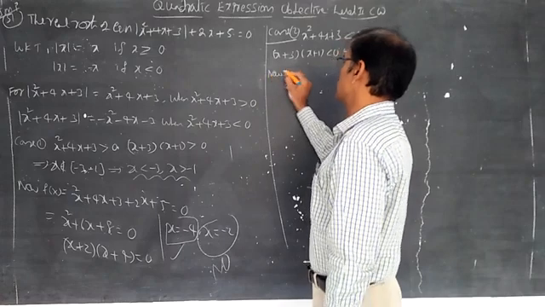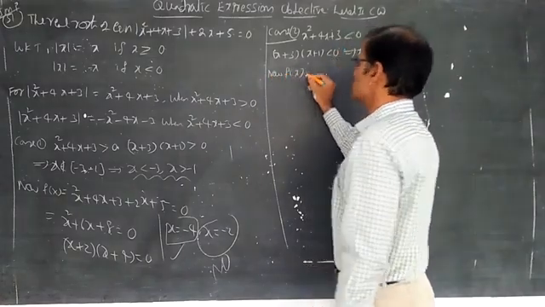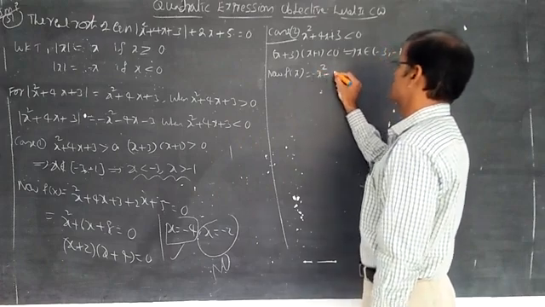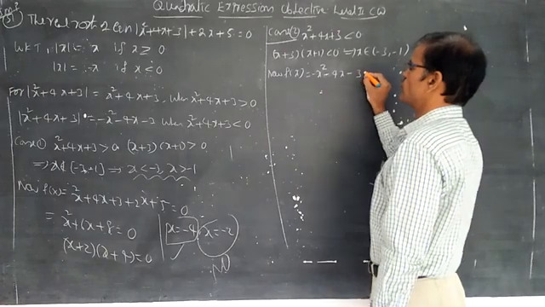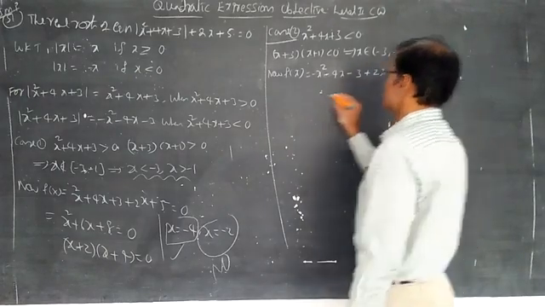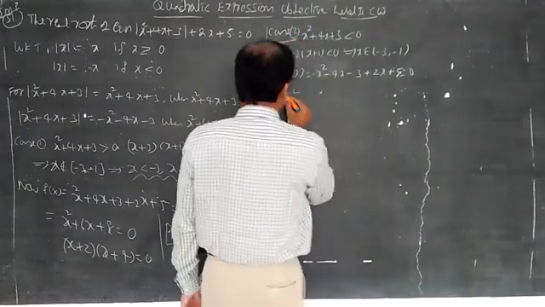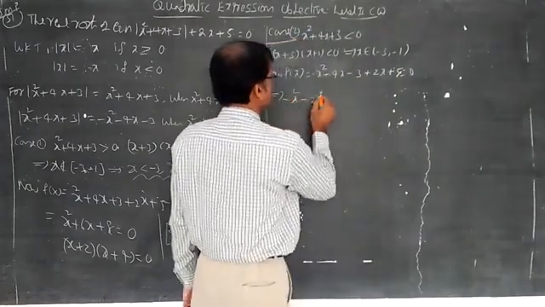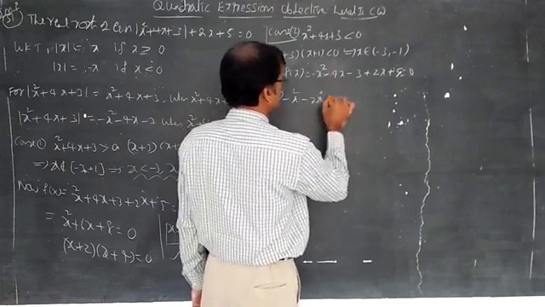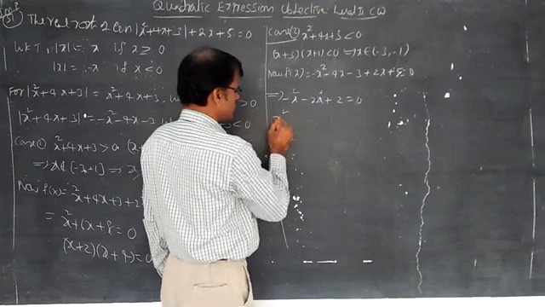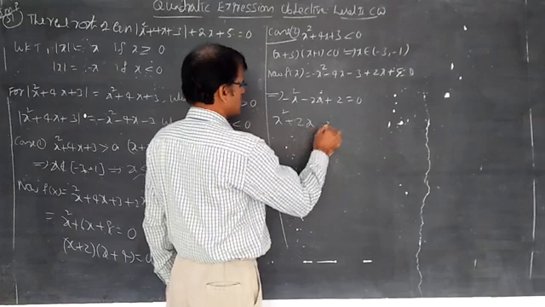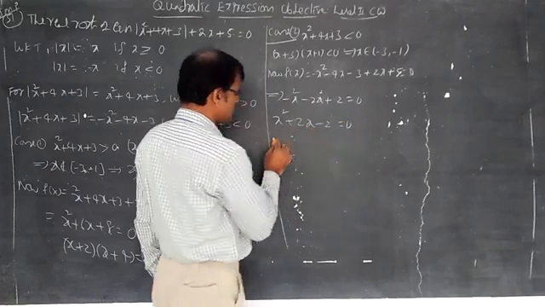Now I am writing f of x is equal to minus x square minus 4x minus 3 plus 2x plus 5 is equal to 0. That implies minus x square minus 2x plus 2 is equal to 0. By multiplying with minus on both sides, it becomes x square plus 2x minus 2 equal to 0.